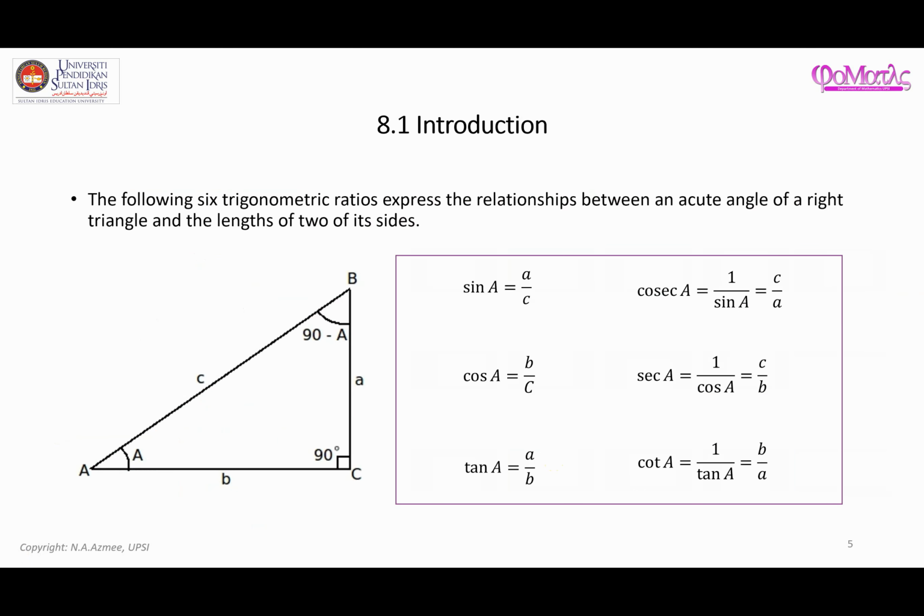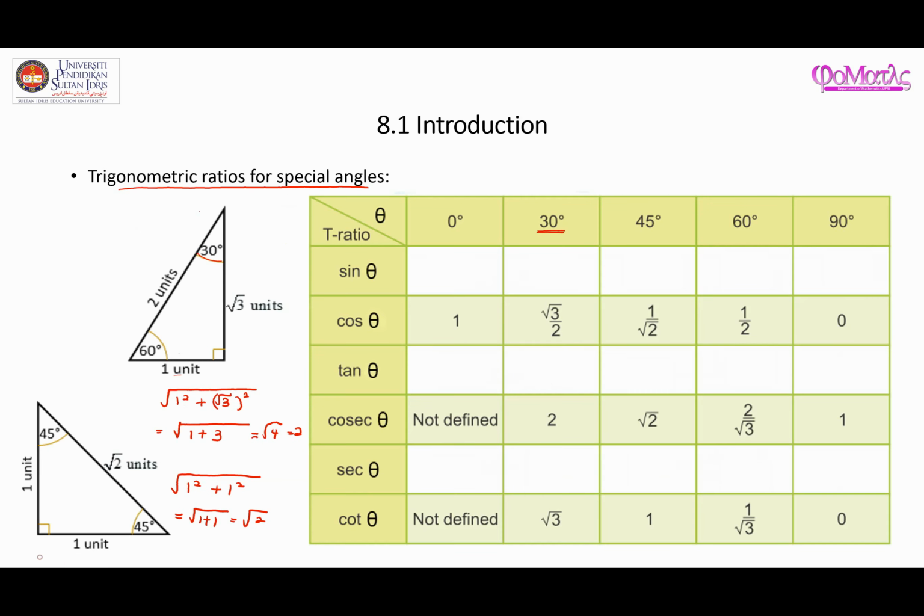This is the relationship between an acute angle and the lengths of two of its sides. So these are the trigonometric ratios, and you can incorporate those ideas on this table in order to find the answers. So sine of 30 degrees will be 1 over 2. Opposite over hypotenuse.